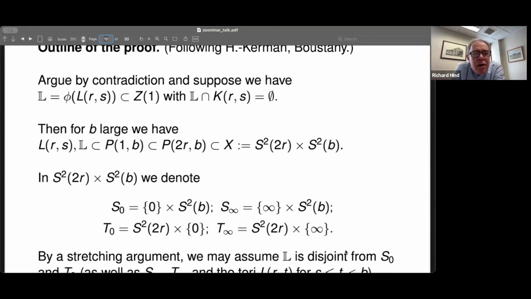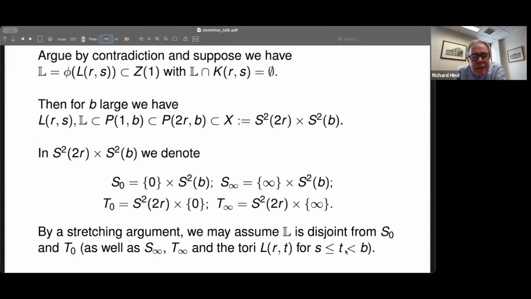At least when B is large, everything's compact, we might as well assume it's sitting inside some large polydisk. There's a little technical thing here. We know that R is at least a half. So I'm kind of reducing to the case when R is exactly a half.